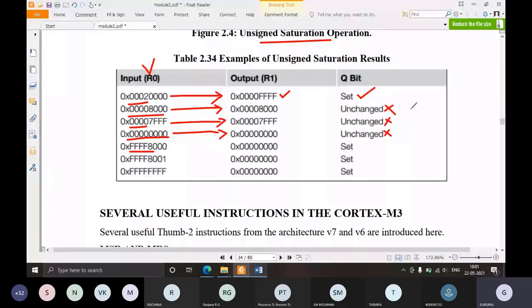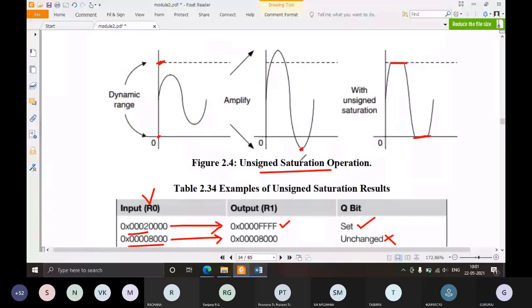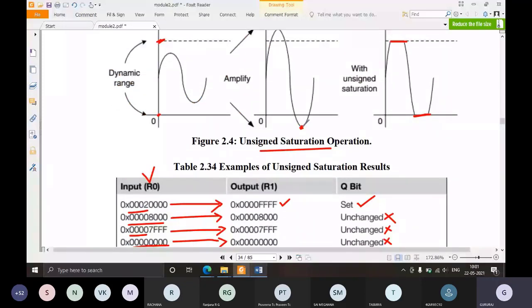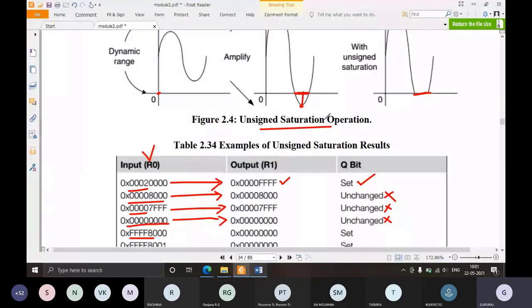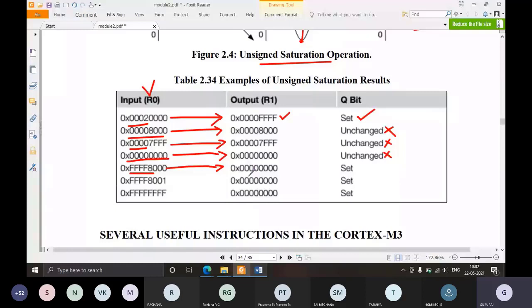We cannot represent that, so we round it off to the minimum value we can represent, which is 0. Since rounding is taking place, the Q flag is set, indicating that saturation has taken place.